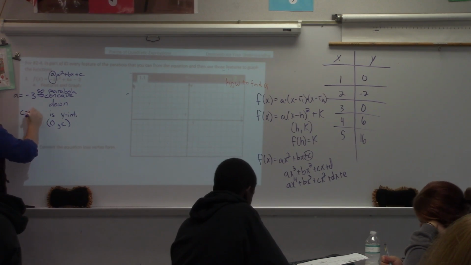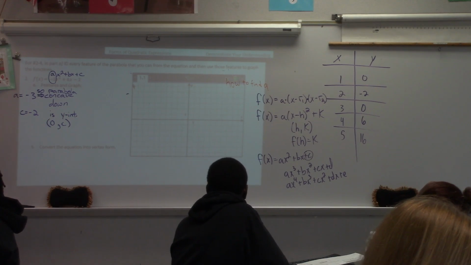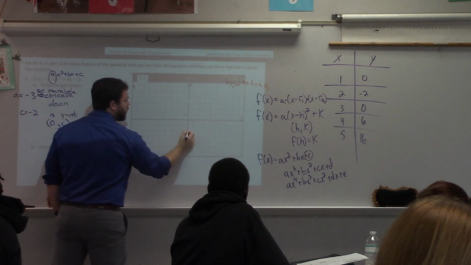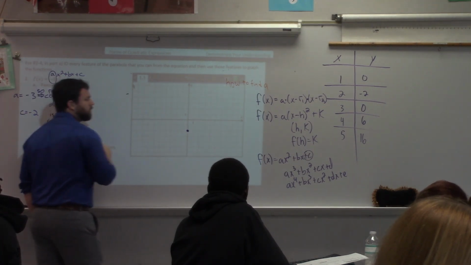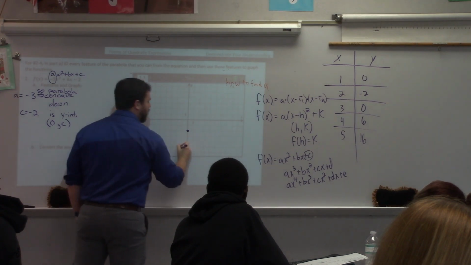C is equal to -2. So there's a difference between it, right? C is a number, the y-intercept is a point. Mathematically, that does matter. I bring all this up to answer the question of how to graph, right? So as long as you had a y-intercept of 0, -2, and that parabola was concave down, you were good. Except if you did this.